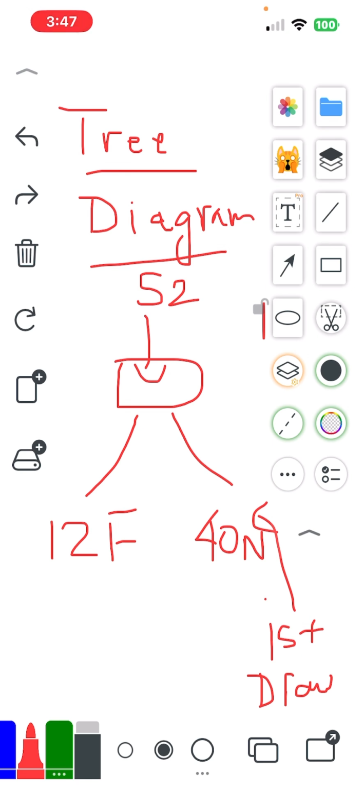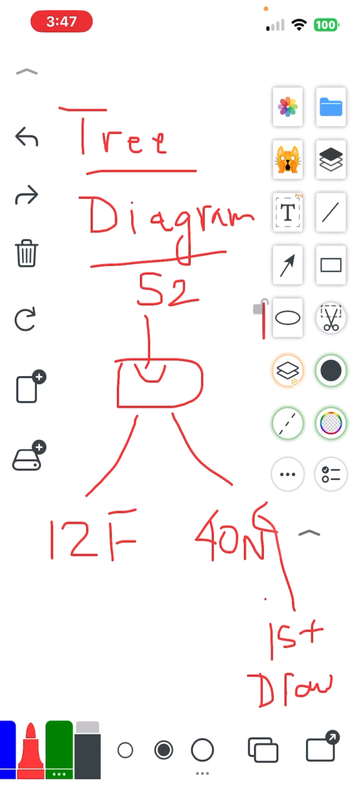Now we're talking about face cards, cards like the King, Queen of Spades, or something of that sort. A card that has a face. So these are face cards. And your regular numbers won't have a face.